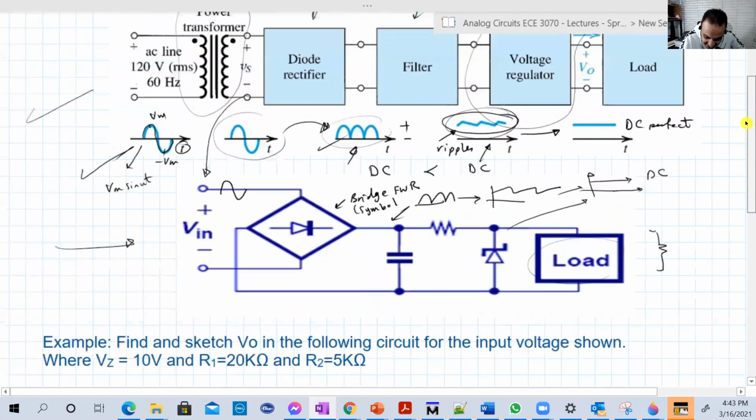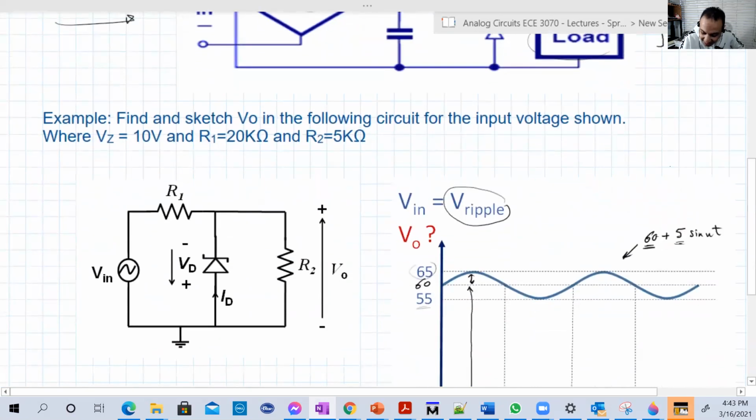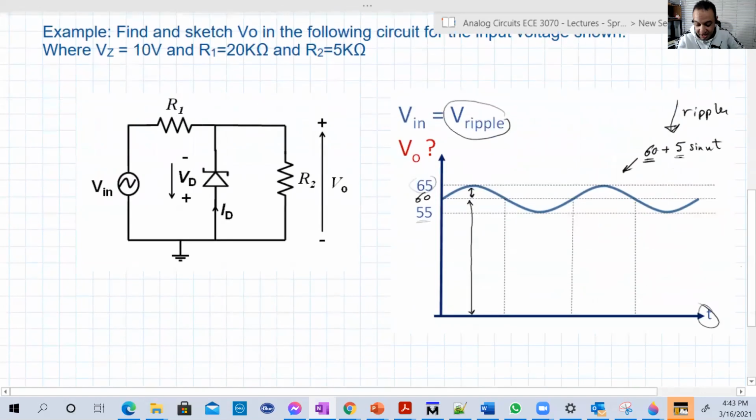These ripples here are basically approximated using such a model: a sine wave just varying around some big DC. So this is basically a model for the ripples. Basically that input here represents the output after the filtering capacitor, the ripples basically.